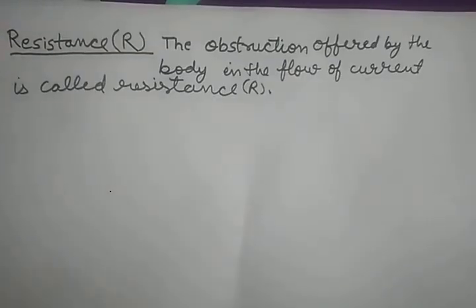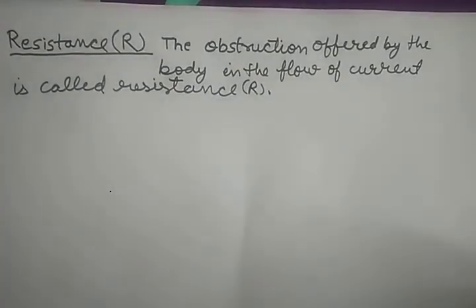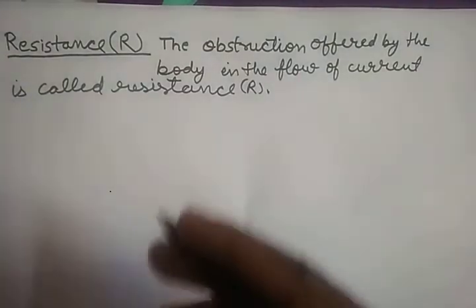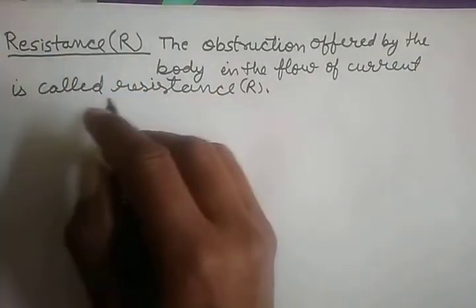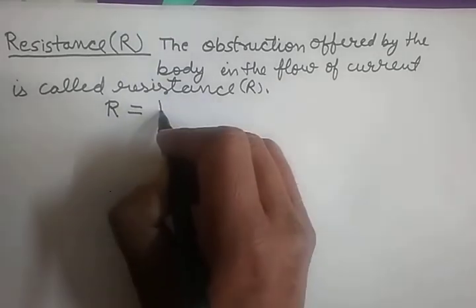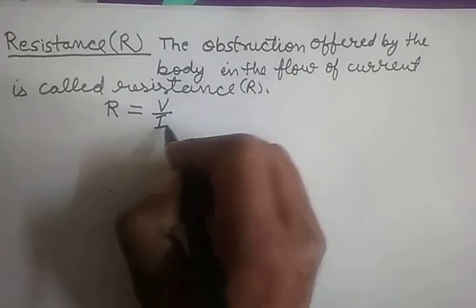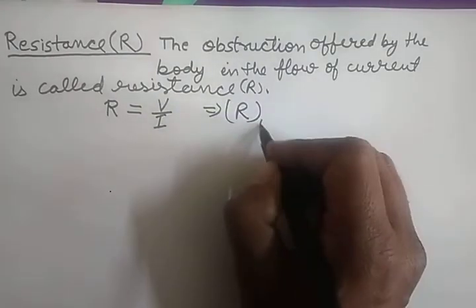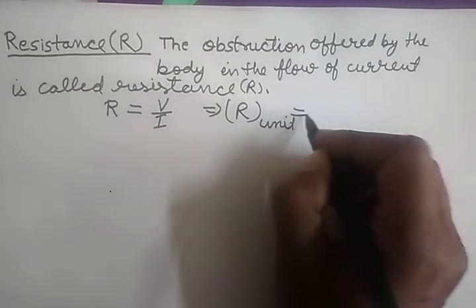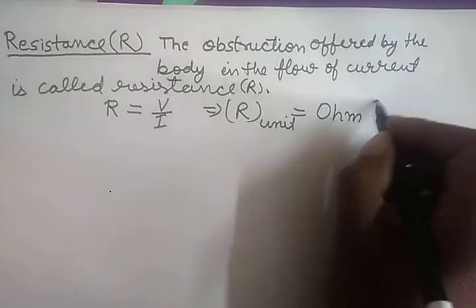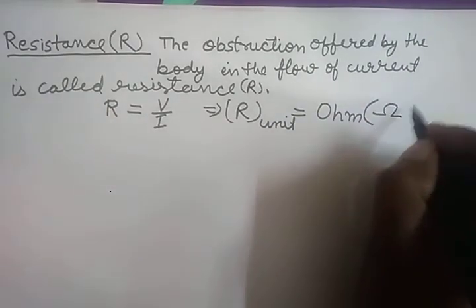So now what is resistance? The obstruction offered by the body in the flow of current is called resistance. This is just the meaning of that resistance, but if we want to calculate it, then R equal to V upon I. So it has a unit which is called ohm, and its symbol is a Greek symbol like this.